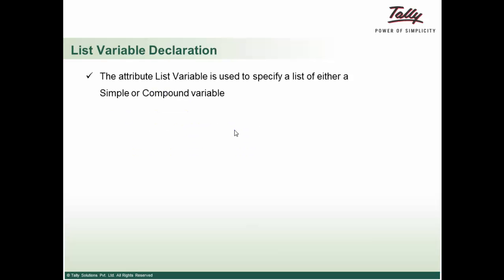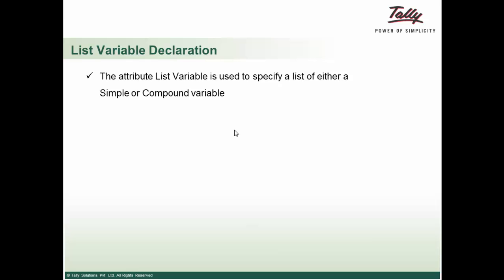List variable. The attribute list variable is used to specify a list of either simple or compound variables. So how does the function judge whether it's a simple variable or a compound variable? With the help of the third parameter that you specify, whether it has a data type or it does not have a data type. If it has a data type, it is a simple list variable.